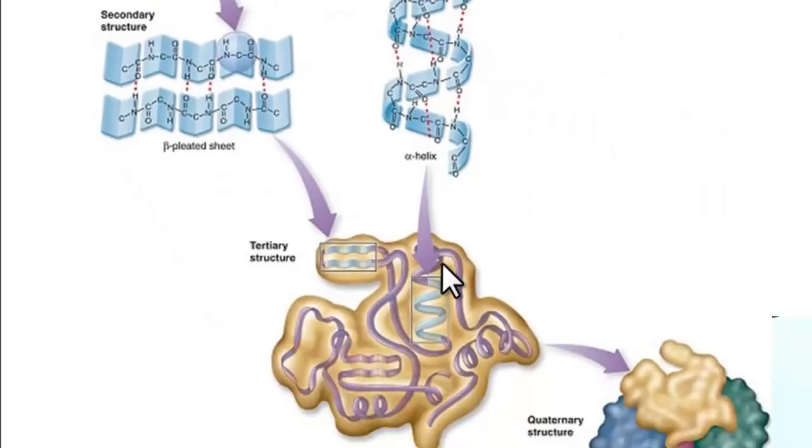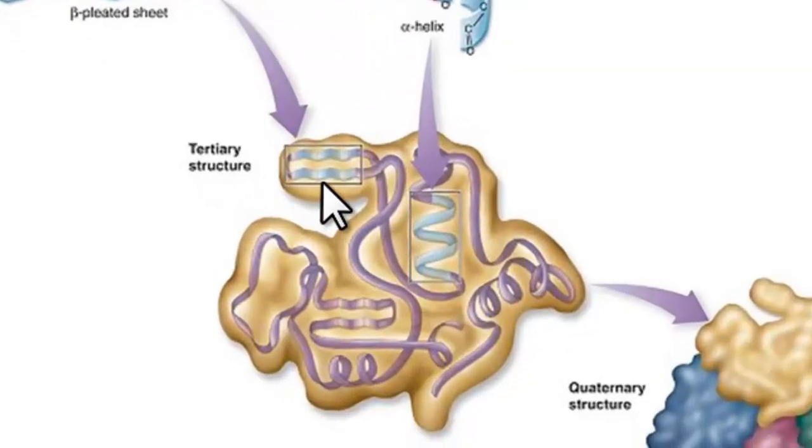Next we move to the tertiary structure, where we get the complex three-dimensional shape that is quite characteristic of all proteins. We have disulfide bonds occurring between various points that hold it in that shape, and also some hydrogen bonds as well.